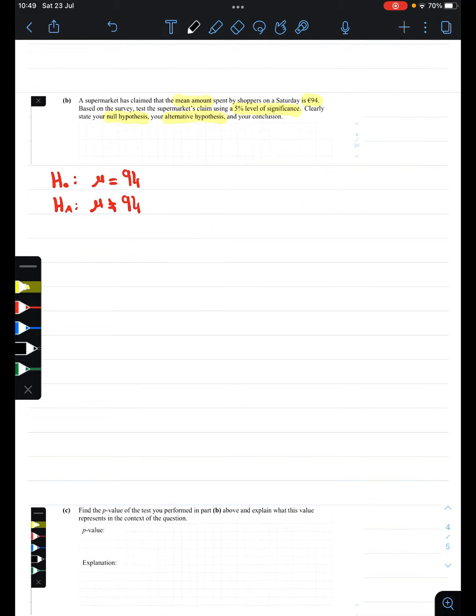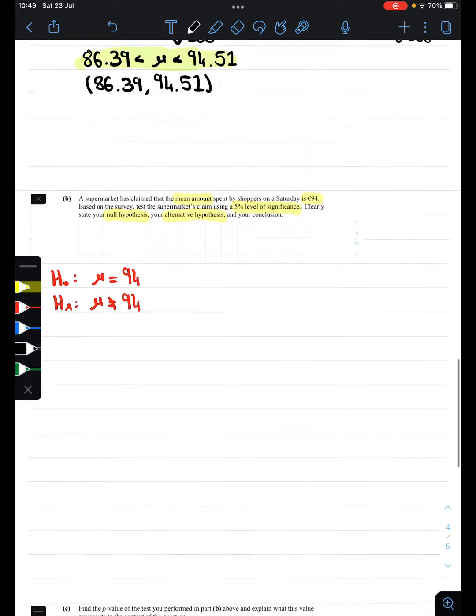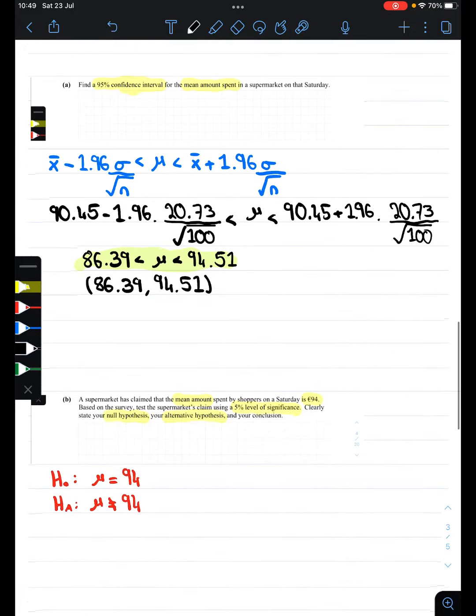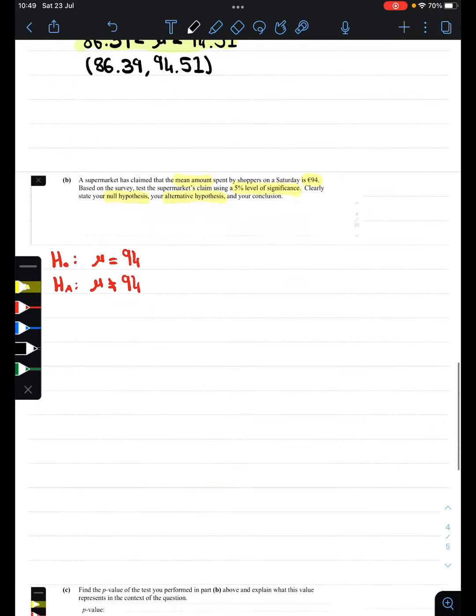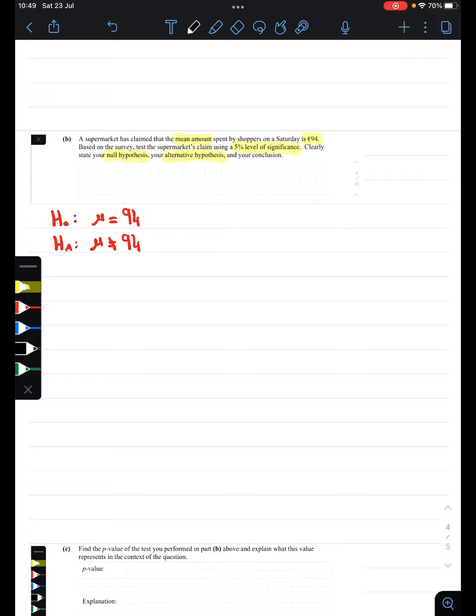So a 5% level of significance corresponds to a 95% confidence interval, and we've already done a 95% confidence interval.